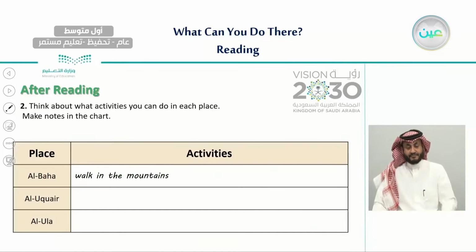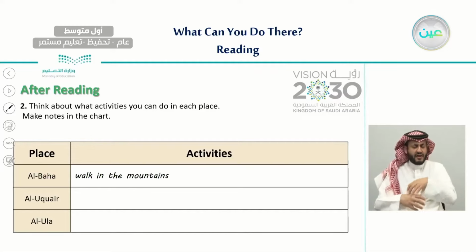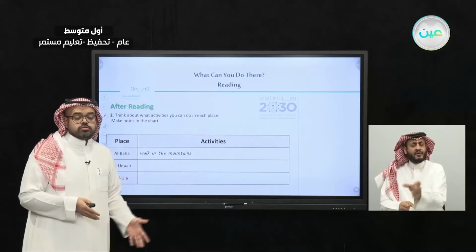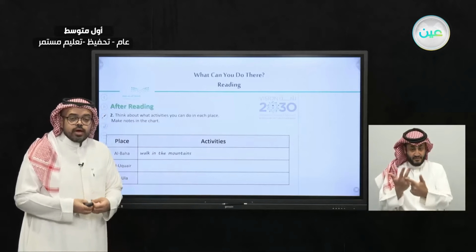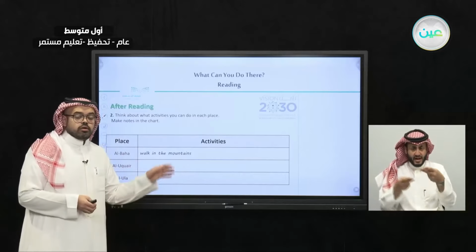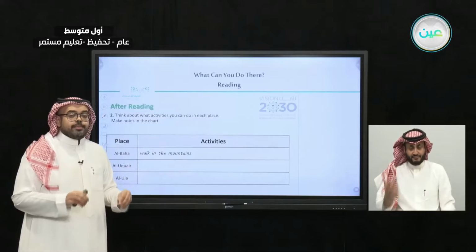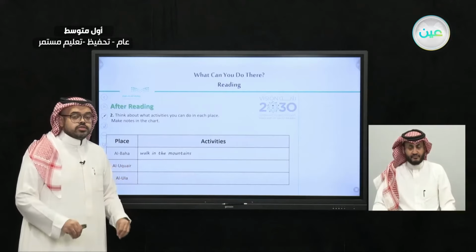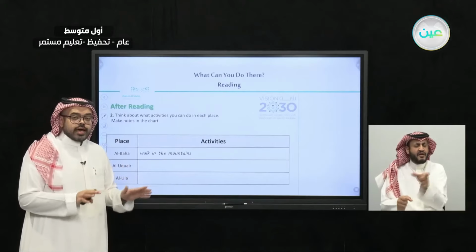And now think about what activities you can do in each place. This is the second exercise, and make notes in the chart. So here, as we said, since we're talking about three types of tourism, it means that we're talking about three different places. So what we need to do in this chart is talk about the kind of activities that we can do at each place.